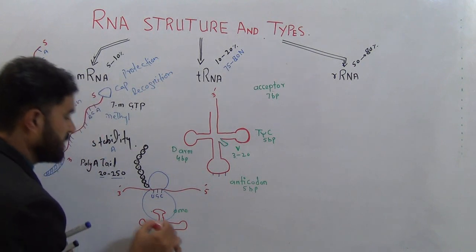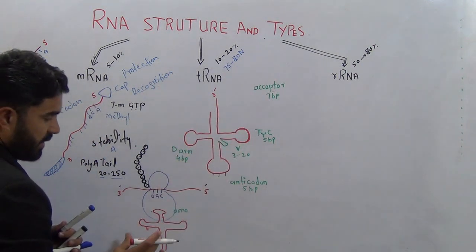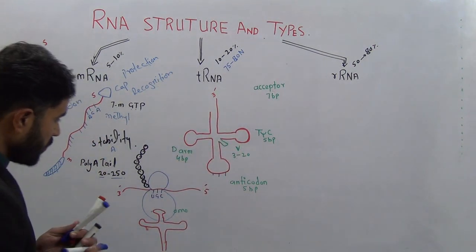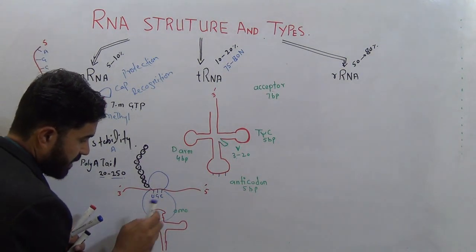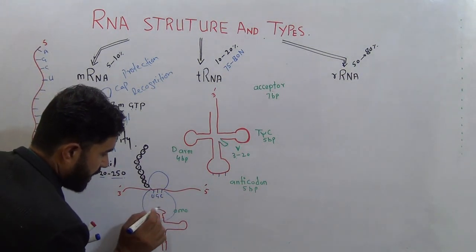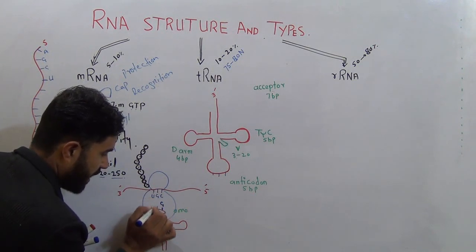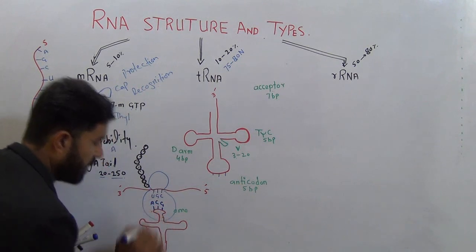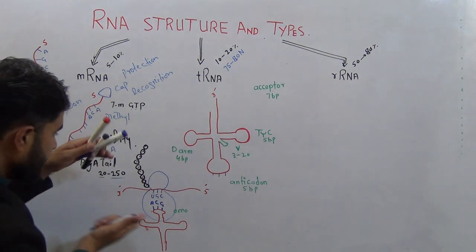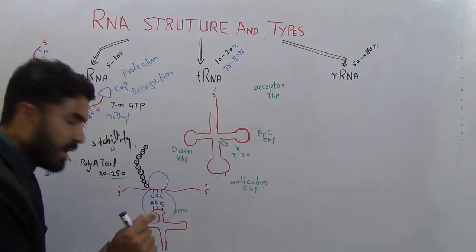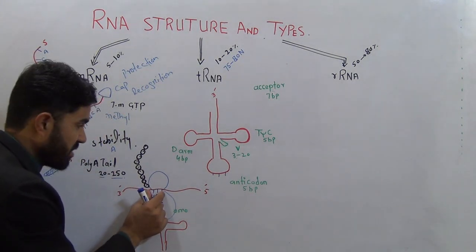Okay, now suppose this is the transfer RNA. This is a diagram of the transfer RNA that has arrived, and now you will see that the sequence of the transfer RNA and the messenger RNA will be like this. In front of C, transfer RNA must have G, and for G the transfer RNA must have C, and for U it must have A. So we say that the codon of the messenger RNA, what?